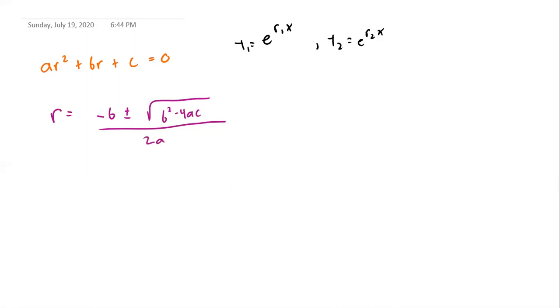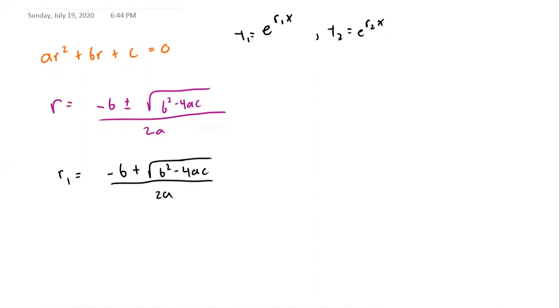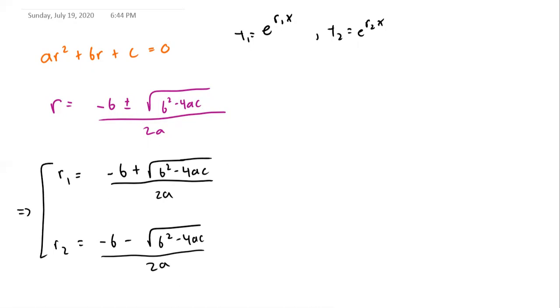From this we can read the two roots. r1 equals negative b plus the square root of b squared minus 4ac, all divided by 2a, and r2 is the solution with the negative sign: negative b minus the square root of b squared minus 4ac, over 2a. So these are the solutions that we get from the quadratic formula.